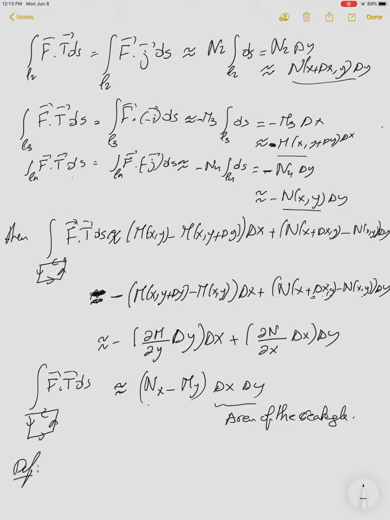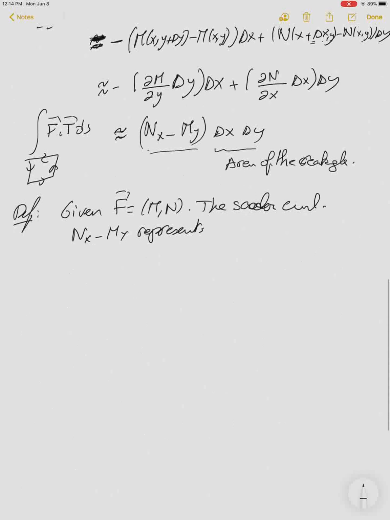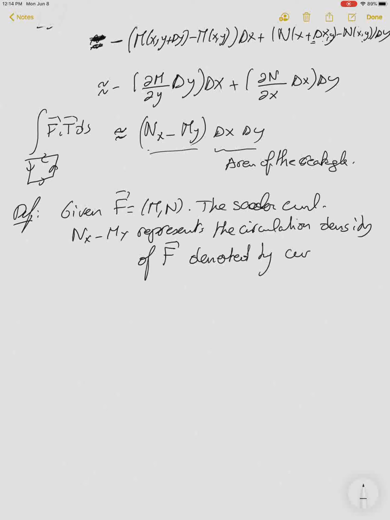So, definition: given F equal to (m, n), the scalar curl, n_x minus m_y, which is this quantity, is called the scalar curl. It represents the circulation density of F, denoted by the notation that's used in the book.